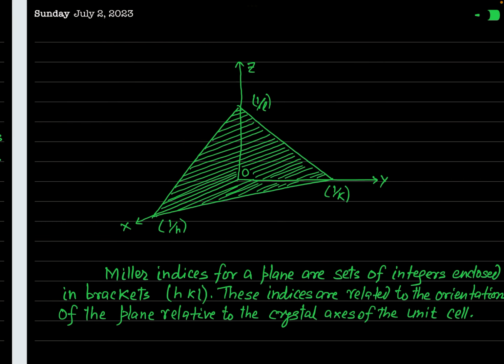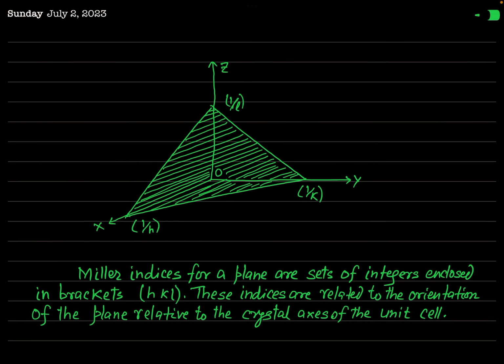These Miller indices are a set of integers, written in the symbol (hkl) inside this bracket, without any comma. These indices are related to the orientation of the plane relative to the crystal axes of the unit cell, as I have told you.